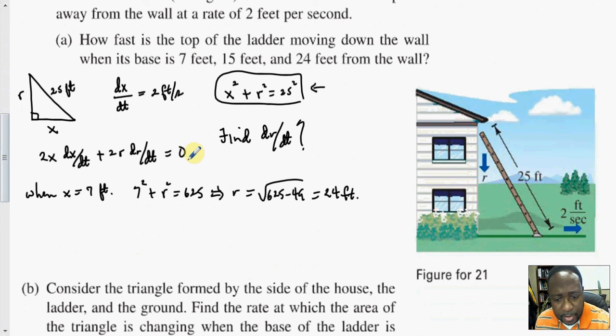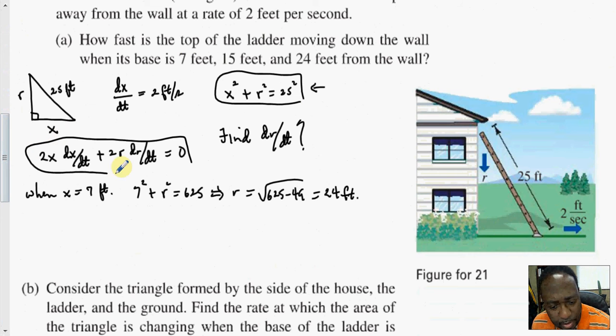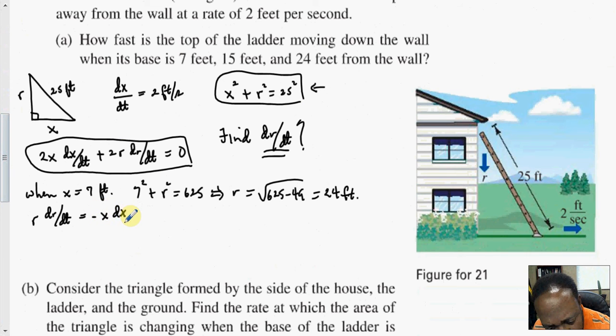And so if that be the case, going back to the equation that we got by differentiating the primary equation, we want to isolate dr over dt, get this by itself. So we divide through by the 2, that cancels out the 2, subtract x dx over dt on both sides, so we have r dr over dt is equal to negative x dx over dt.